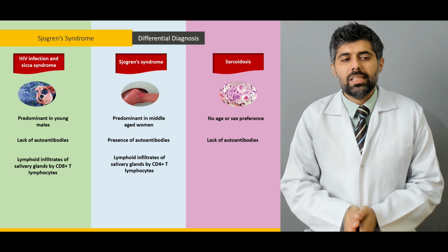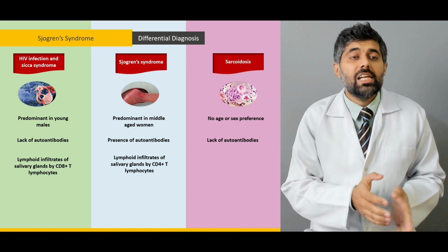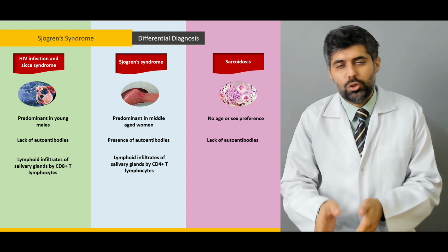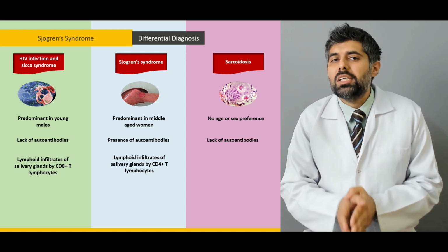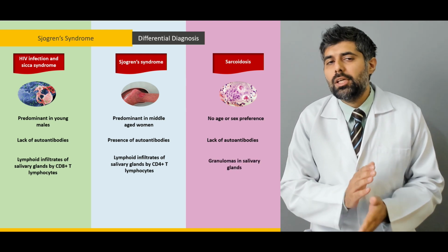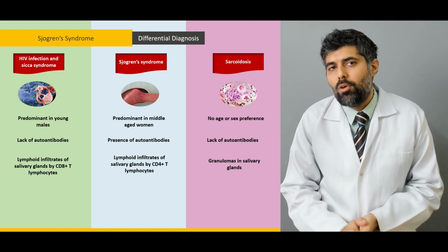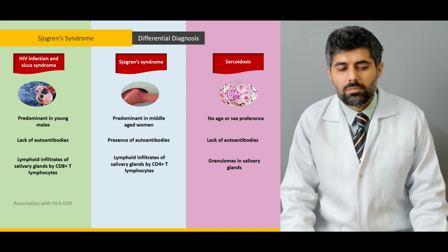Only the difference is in HIV infection, the infiltration is by CD8 cells, while in Sjogren syndrome, it is by the CD4 cells. While in sarcoidosis, there is no lymphatic infiltration, only granulomas form in the salivary glands.